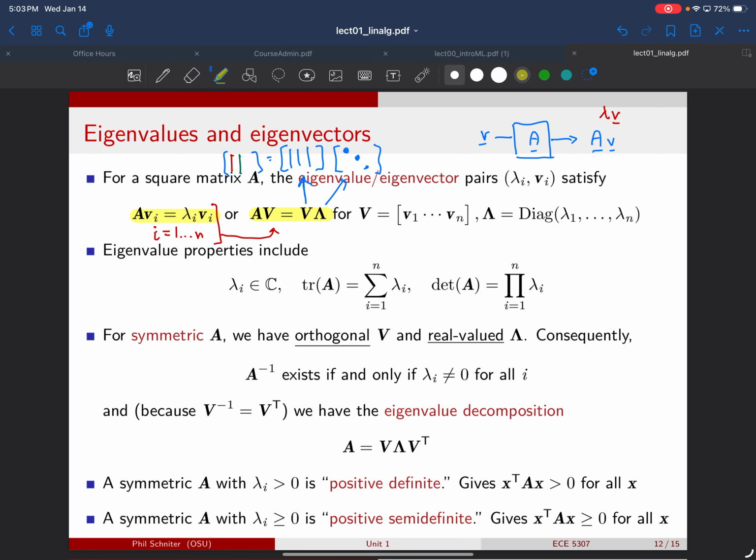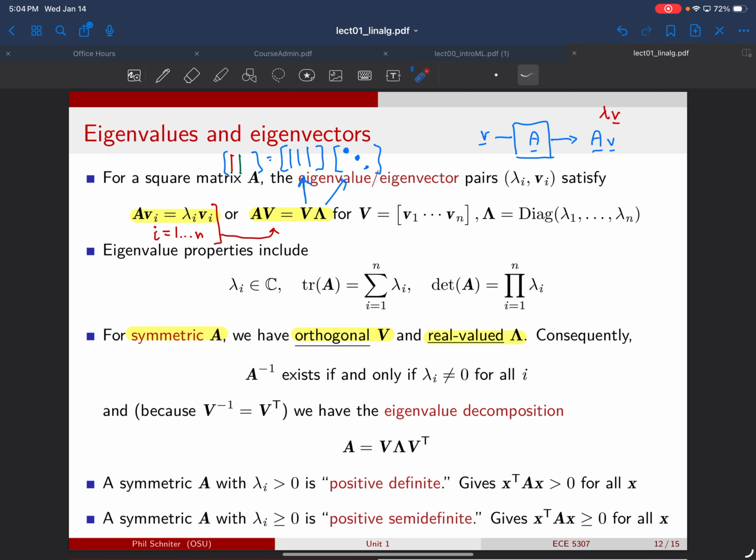Something special happens when the matrix is symmetric. In that case, the eigenvector matrix is orthogonal, and the eigenvalues are all real valued. One of the implications of this is that the matrix is invertible if and only if there are no zero-valued eigenvalues.